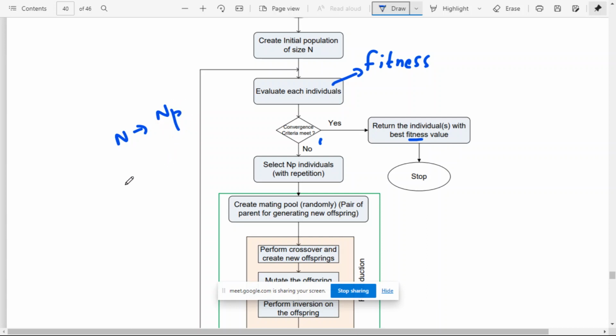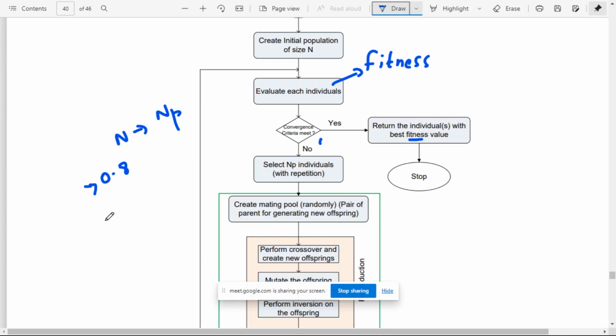For example, select NP individuals such that their fitness score is more than 0.8. So we identify the individuals with a high fitness score, and then from those NP individuals we create a mating pool, that is, pairs of parents for generating new offspring.